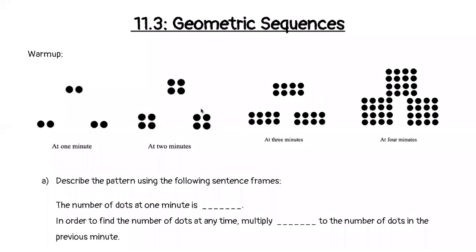And so let's take a look at these series of dots, okay? So at 1 minute, how many dots are there? 6. So using our previous notation, we can say that a sub 1 equals 6, all right? How many dots are there in the second minute, or at 2 minutes?